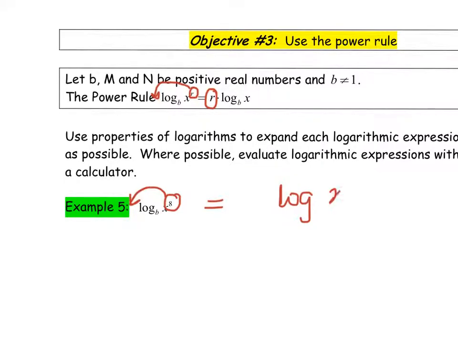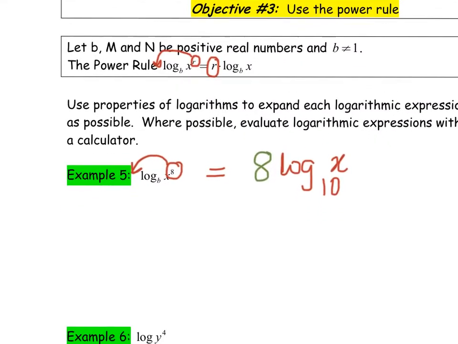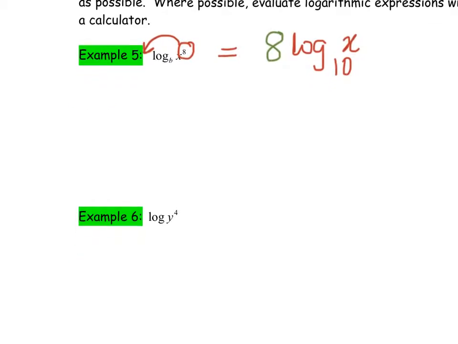Log x to the base 10. The power gets kicked right up in the front. And that's your answer. See how simple they are? I love logs. So I know that there is a power here. The power gets kicked right up in the front. So this now becomes 4 log y.